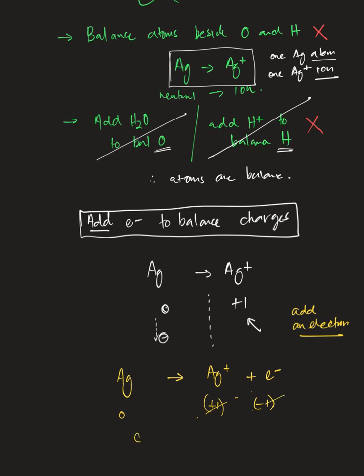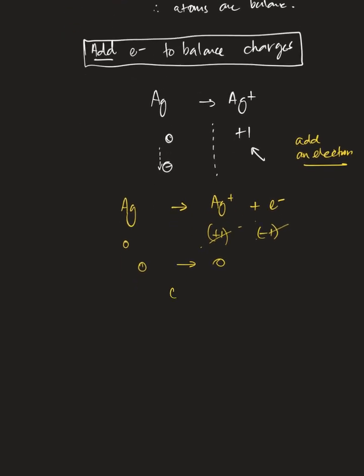So now I'm left with 0 and 0. So now that this is balanced, the charges are balanced. This gives rise to another equation. I know that for oxidation, I've got Ag gives Ag plus 1 plus an electron. Right, so now that it's balanced, I'm ready to combine with the half reaction for reduction.